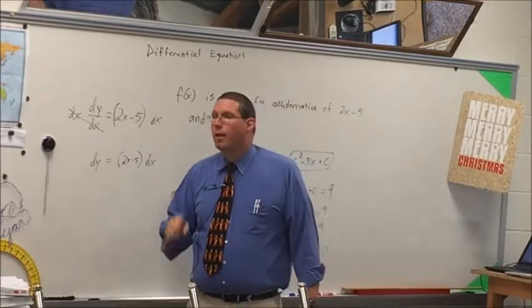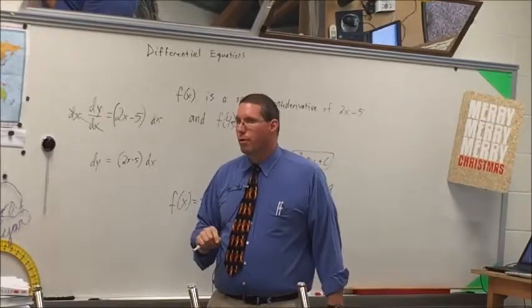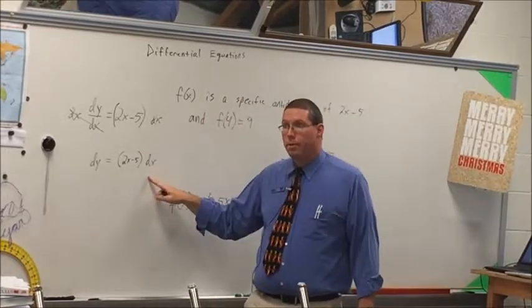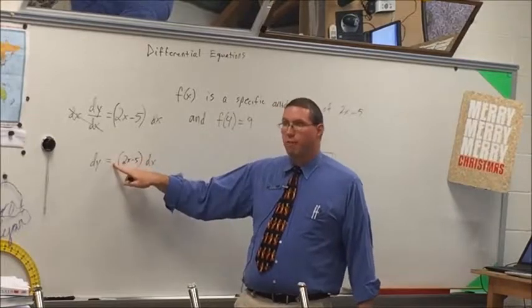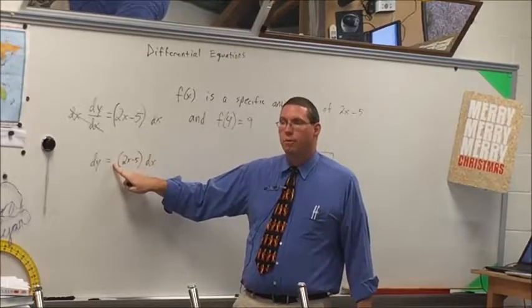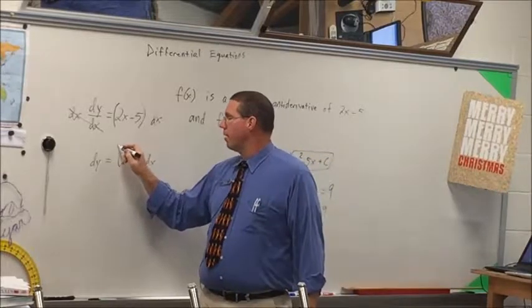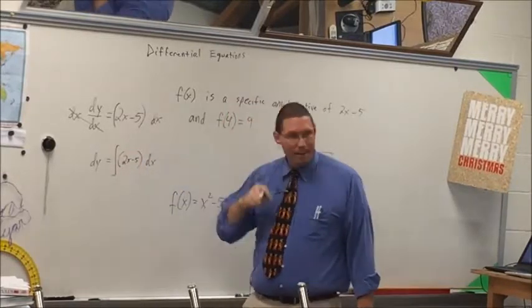Not the derivative, close. The antiderivative. This is asking you to put something in front of this. What is it asking you to put in front of this? An integral symbol, right? So we've got to put an integral symbol here, right?